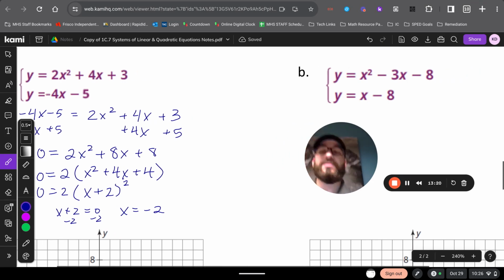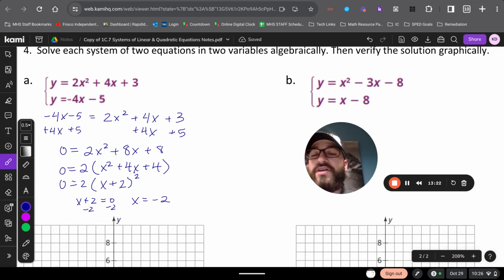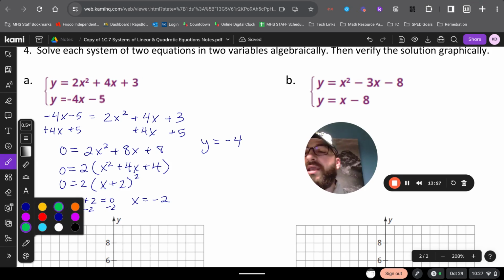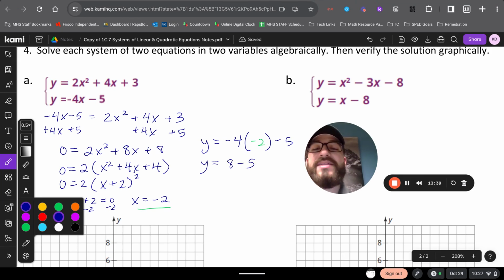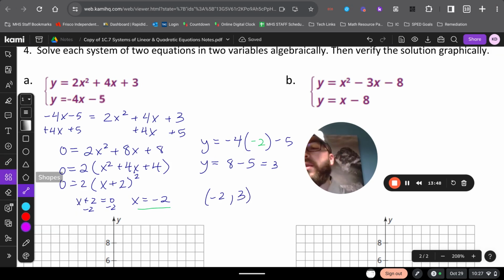You can use the one that's a little simpler. So in this case, let's use that linear function. So y is equal to negative 4, plugging in our negative 2, and then minus 5. Negative 4 times negative 2 would be positive 8, minus 5. And positive 8 minus 5 would be equal to 3. So to finish this out, our solution would be negative 2, comma 3.